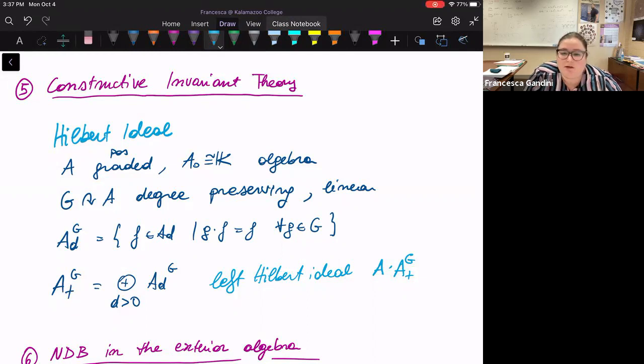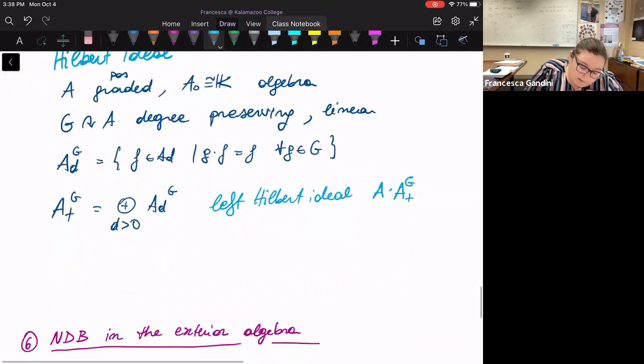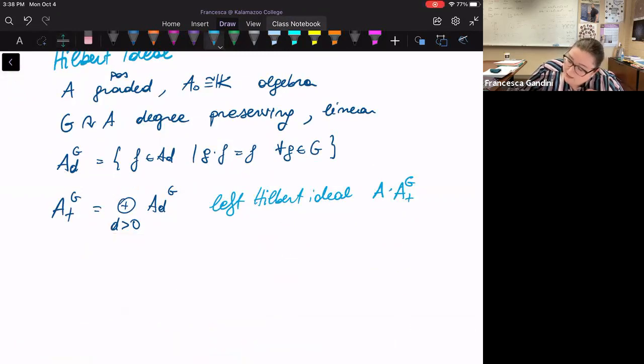And I have several lemmas about this Hilbert ideal and how it can be used, how the Reynolds operator works in this context. And the upshot of all this construction, I was so optimistic, like maybe I'm going to prove some lemmas.